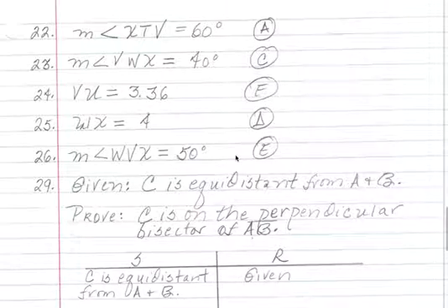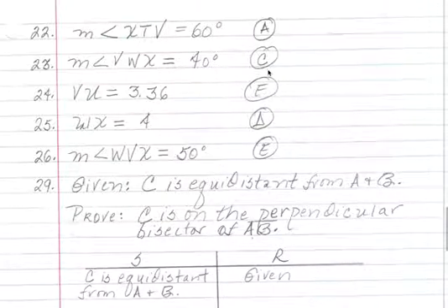21, SW is going to be 8 units, and that matches with B. 22, the measurement of angle XTV is going to be 60 degrees, and that maps to A. All right, 23, the measurement of angle VWX equals 40 degrees.